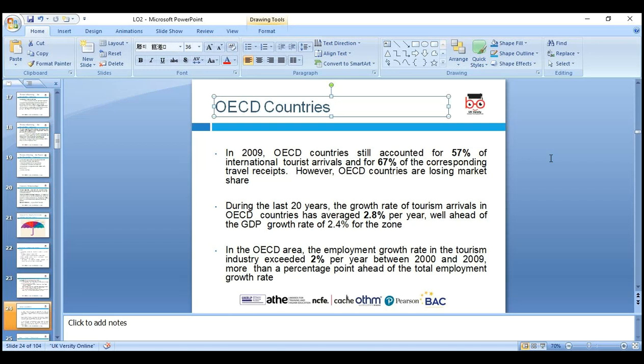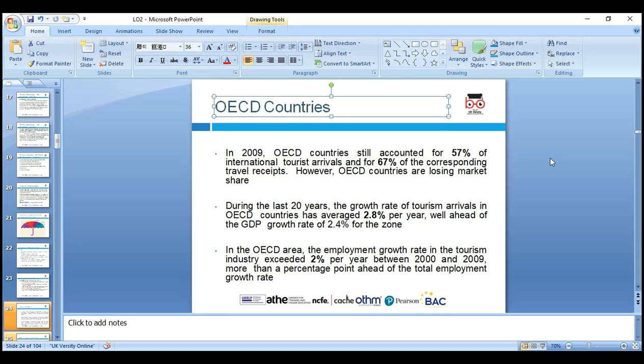The OECD countries are losing market share. Over 20 years, the growth rate of tourism arrivals in these countries has averaged 2.58% per year, against GDP growth of 2.4% in most areas. So high growth is coming from the travel and tourism industry.